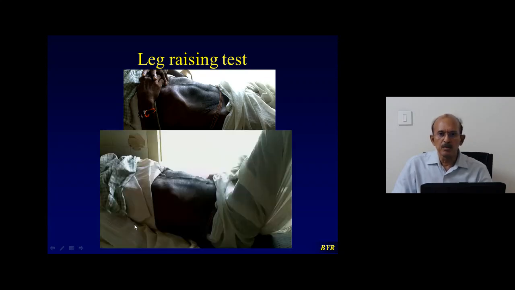For that, you ask the patient to raise the limbs straight upwards. Now, how is the lump? You tell me. Is it looking more prominent or less prominent or not seen?